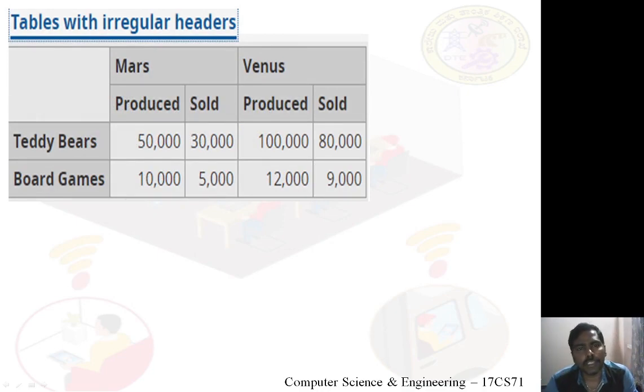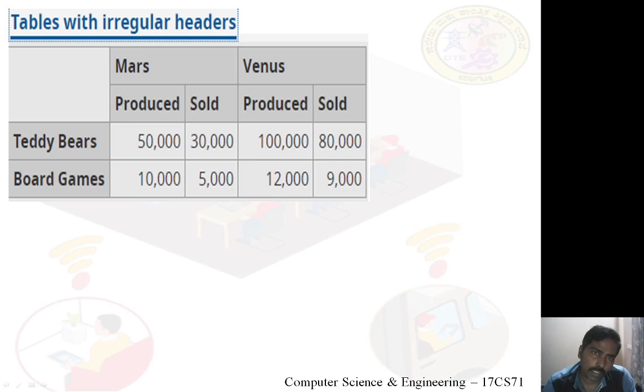Now, this is a table with irregular headers. I think you remember we have discussed column span and row span. In the same way, here you can see that in the first row, the first cell actually spans the second row, but with empty content.